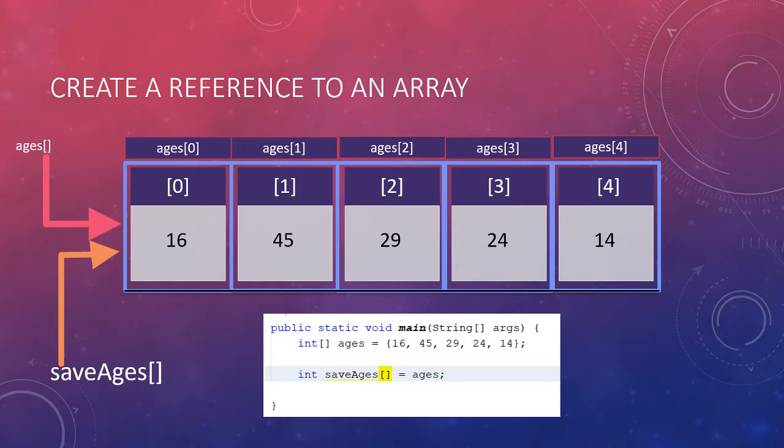So no matter how we address the array now, if we were to update index location 0's data of our ages array, the data would be updated in our saveAges array. Conversely, if we were to update the data in our saveAges array, that update would also show in our ages array. They're basically the same thing. They're pointing to the same location in memory.